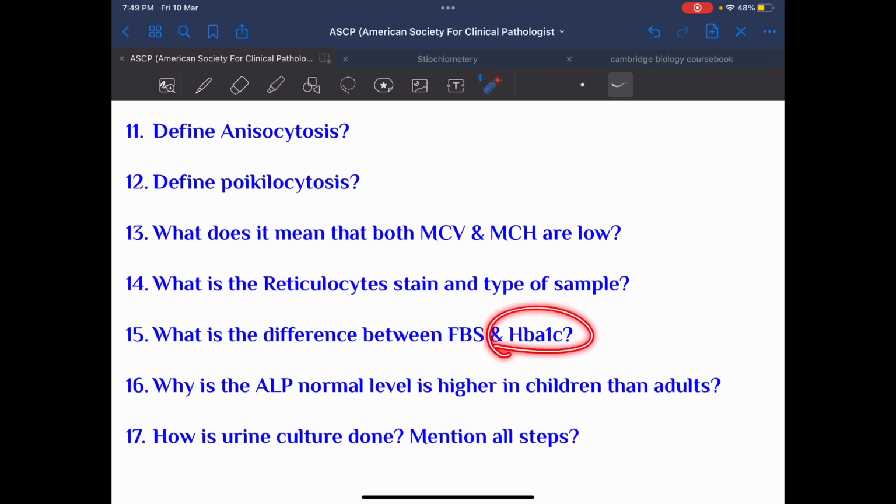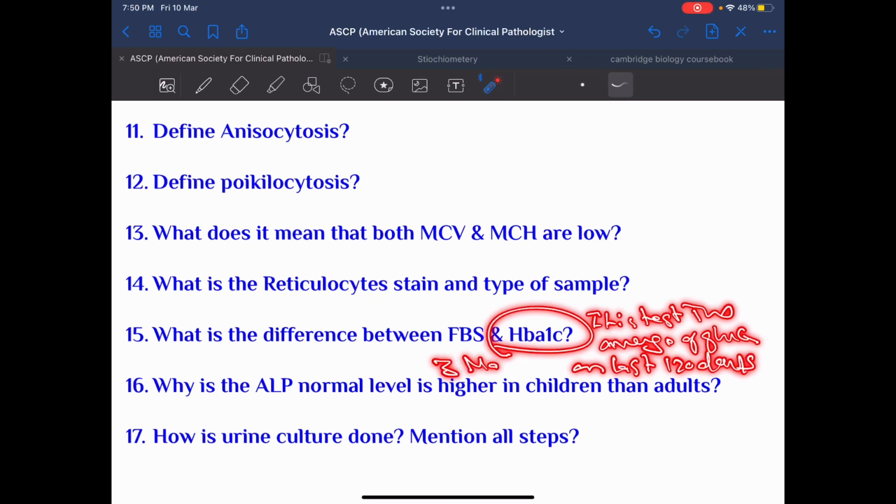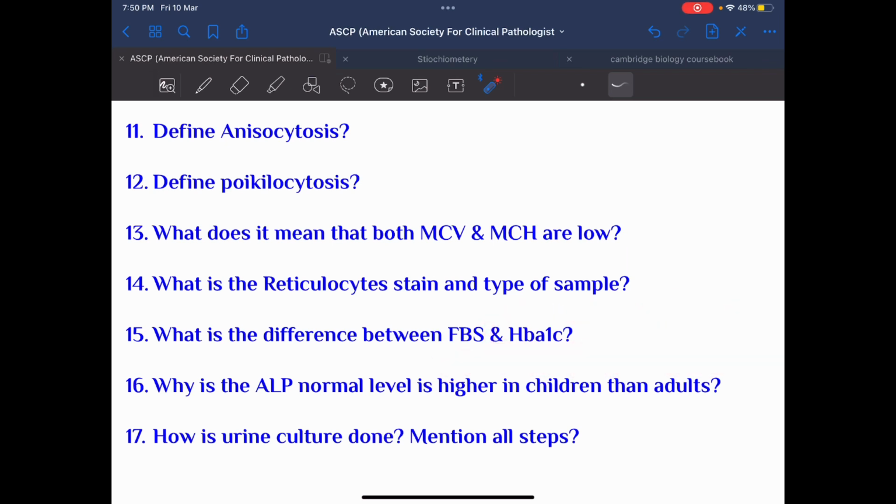Hemoglobin A1C tests the average of glucose over the last 120 days, which means 3 months back. So we need to monitor if your medication is effective and you are controlling your blood sugar. We need to check the hemoglobin A1C.